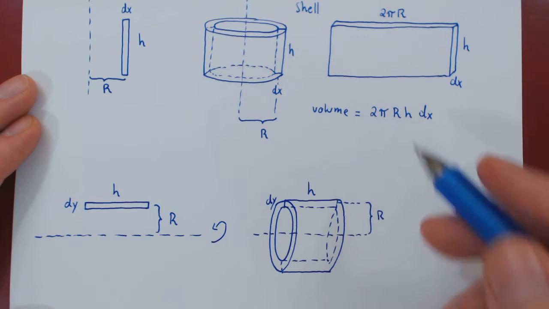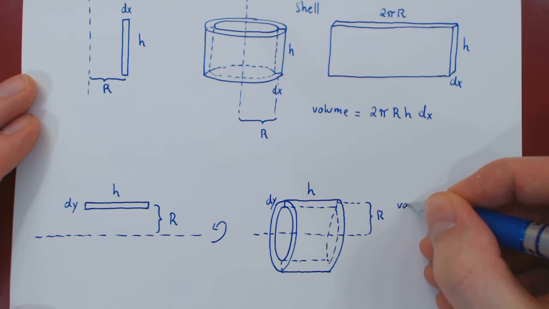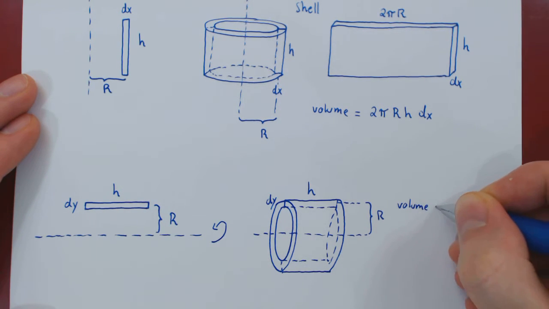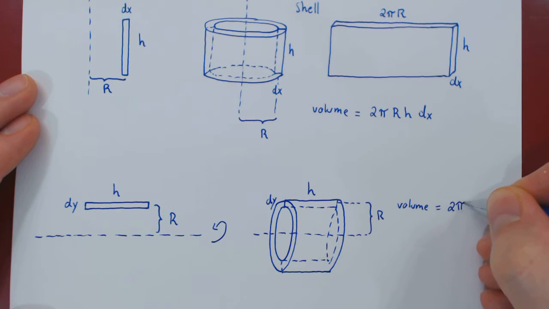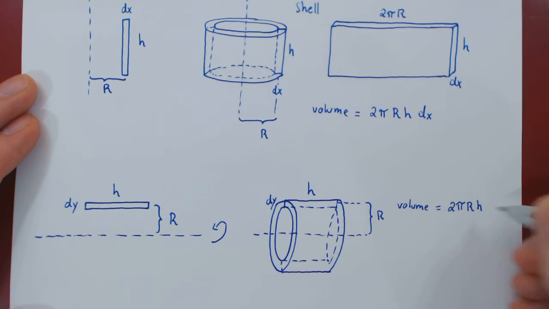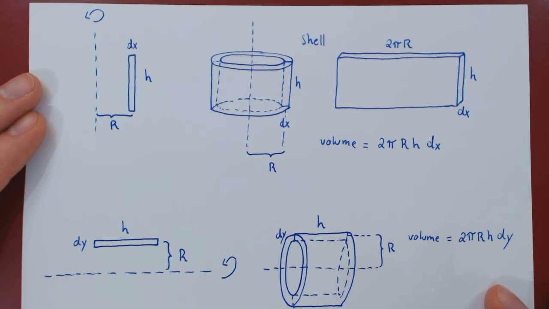And just as before, the volume is given by 2 pi r h times, of course, the thickness, which is now dy. And that's it.